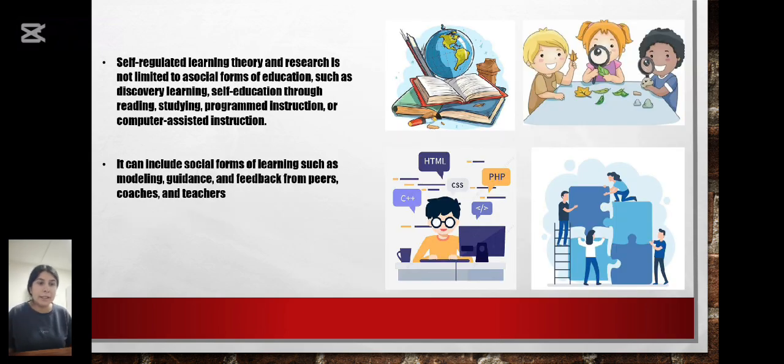Then, self-regulated learning theory and research is not limited to nonsocial forms of education, such as discovery learning, self-education through reading, studying, then programmed instruction or computer-assisted instruction. But it can include social forms of learning, such as modeling, guidance, and feedback from your peers, coaches, and teachers.